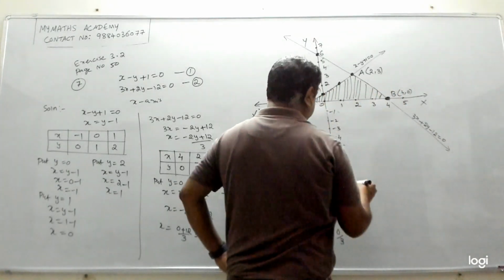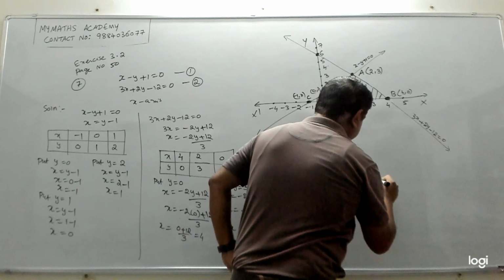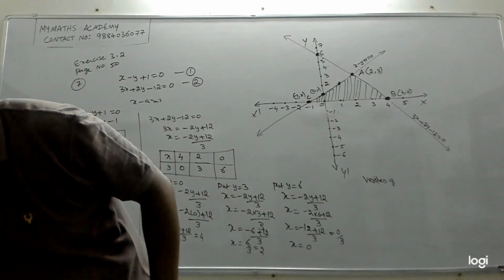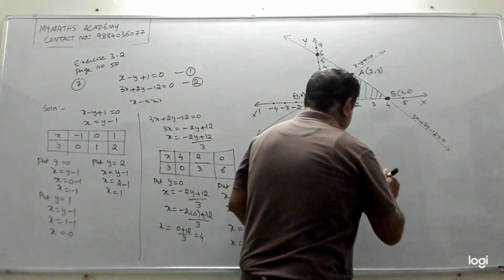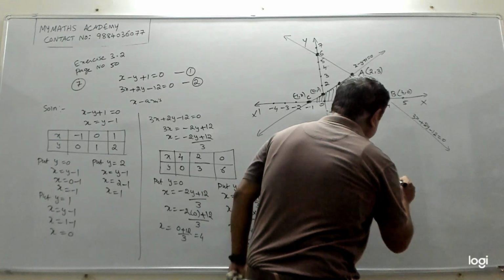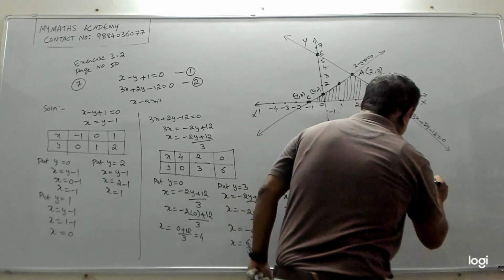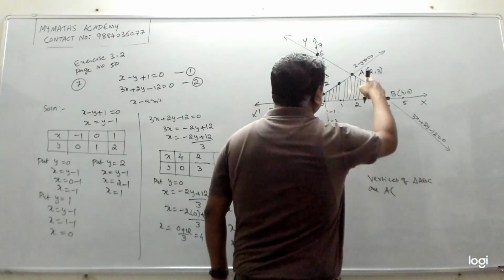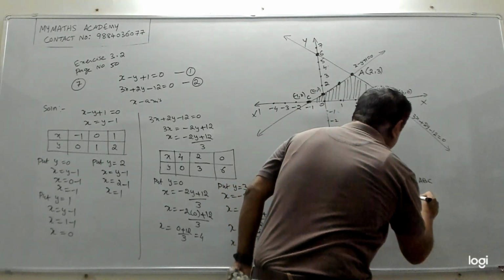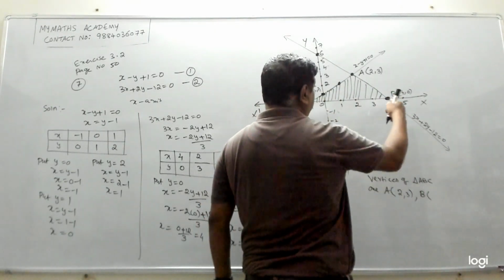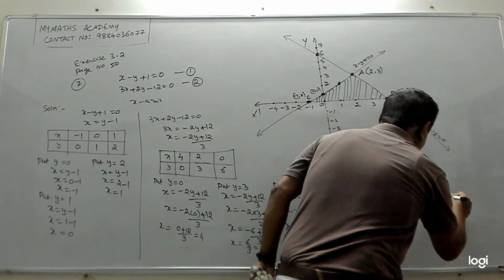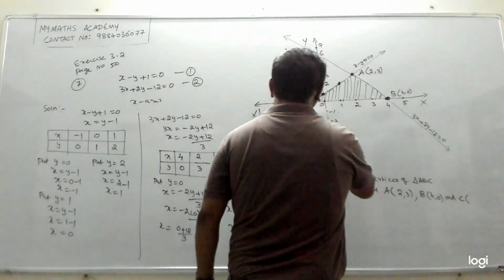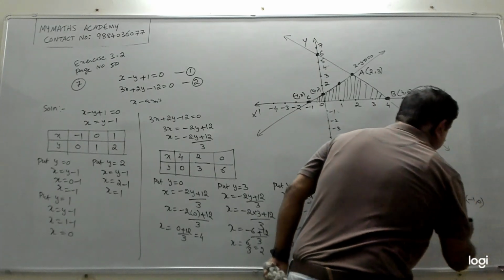So we'll say the vertices of triangle ABC are A of 2 comma 3, B of 4 comma 0 and C of minus 1 comma 0.